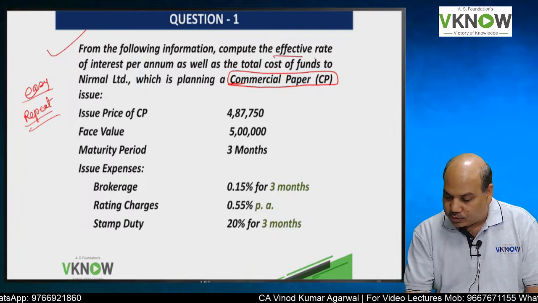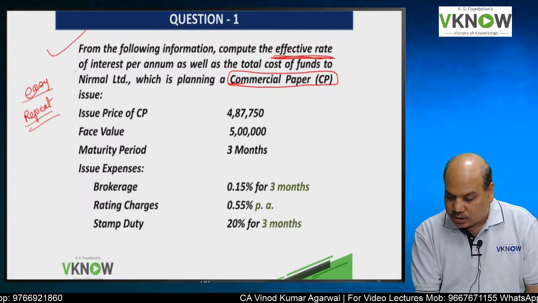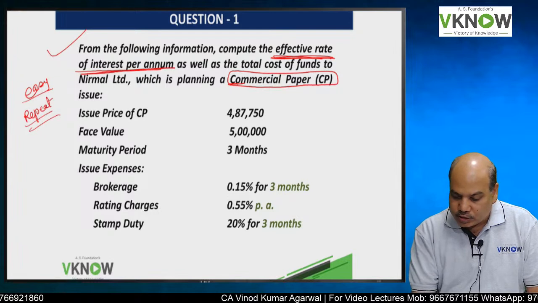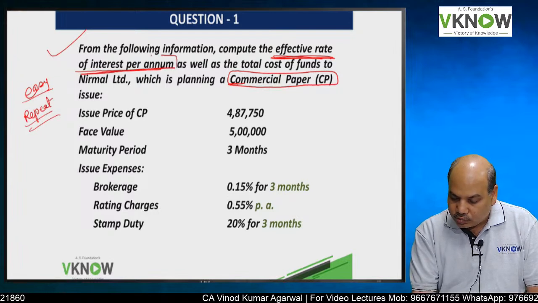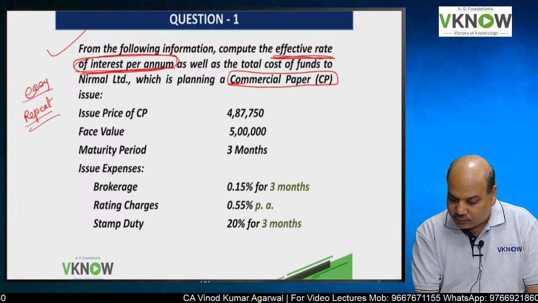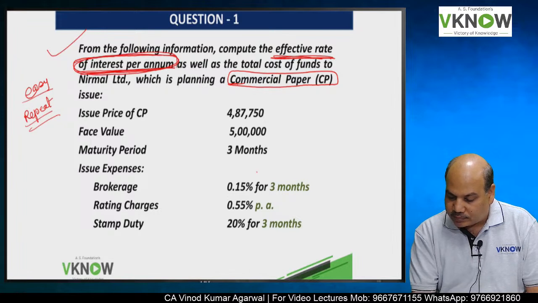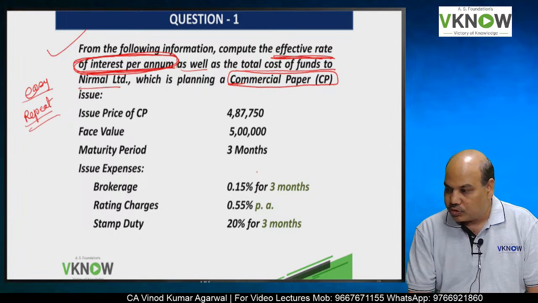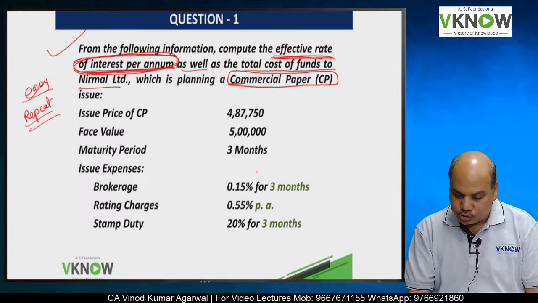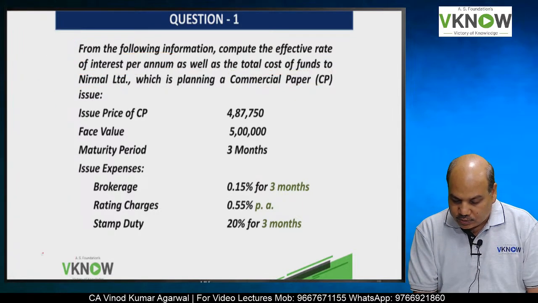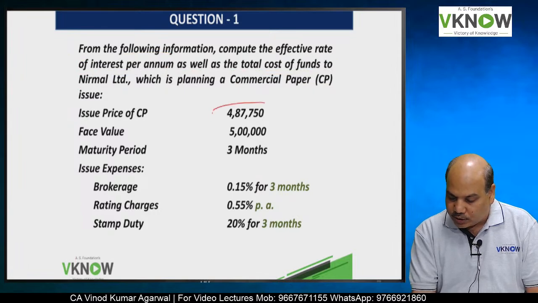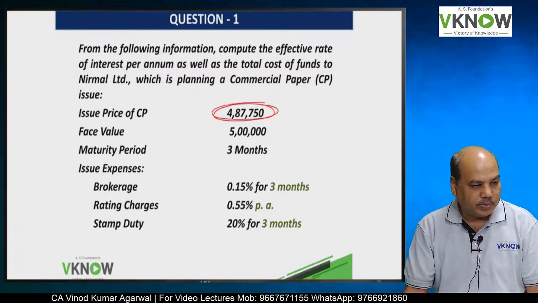What do we have to compute? Double underline: the effective rate of interest per annum, as well as the total cost of funds to Nirmal Limited, which is planning a commercial paper issue. What is the information given? Issue price is 487,750.